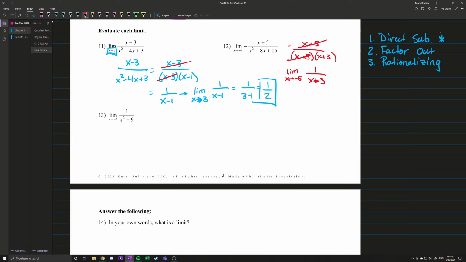So then we get 1 over -5 plus 3, which is 1 over -2. Except there's a negative out front. So this is just 1/2.